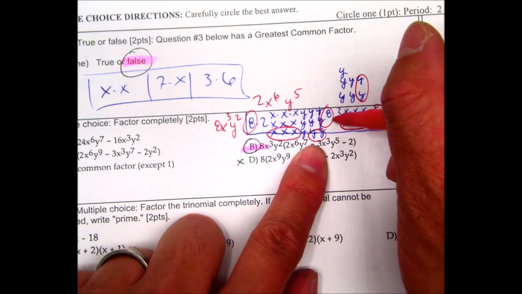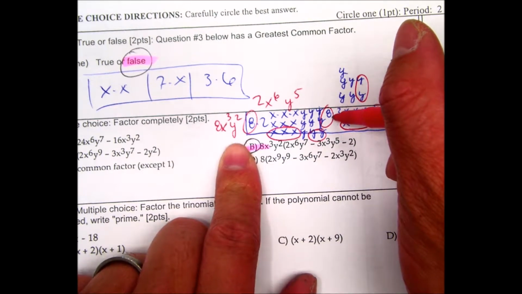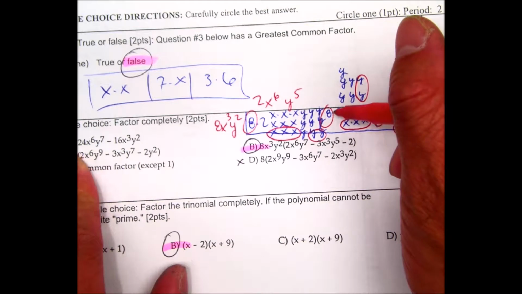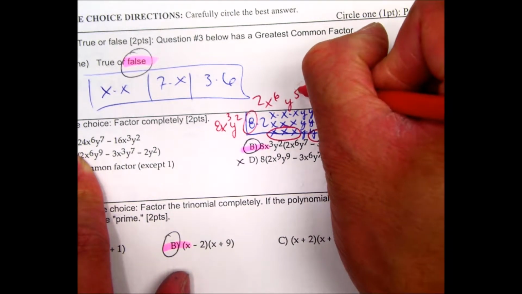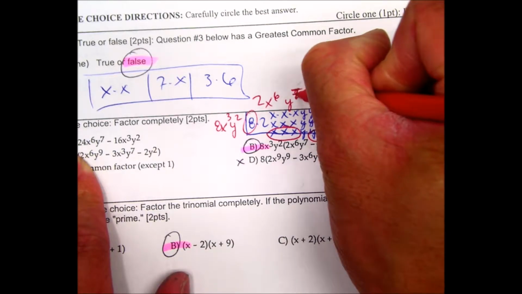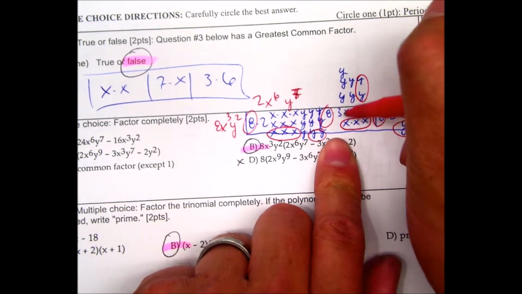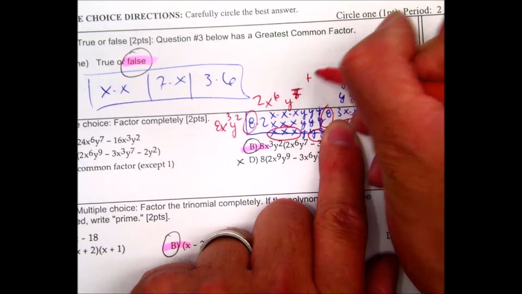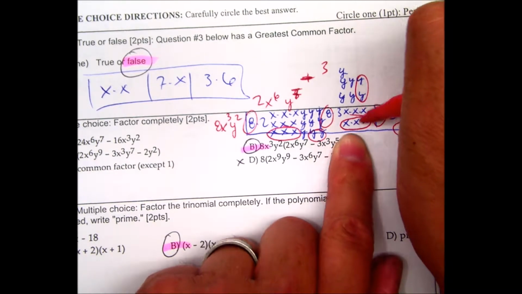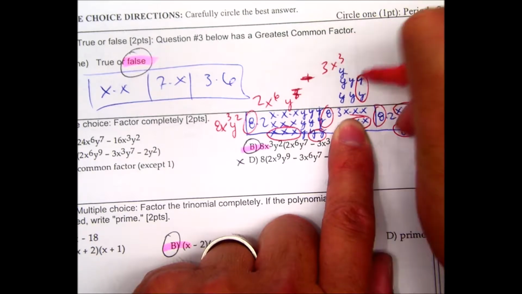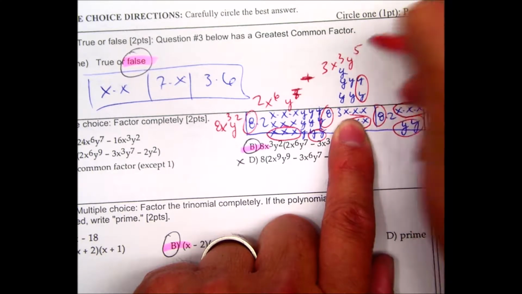So how many y's did I do? 9 of them. And I took out 2 of them, so that should be 7. Can't count. 7. And then over here, I have the 3. My math operation is minus. So 3, x to the third, y to the 5th.